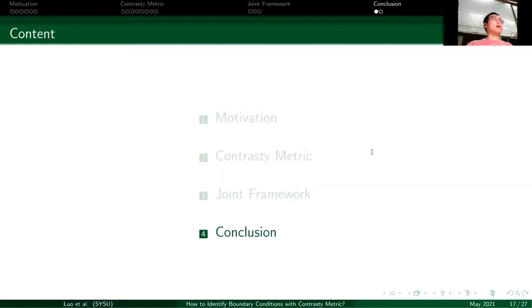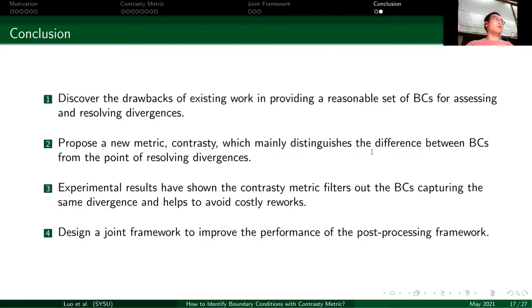Now we conclude our work. In this paper, we discover the drawbacks caused by the generality metric. We propose a new metric, contrastive, to deal with the drawbacks. The contrastive metric can mildly distinguish the difference between species.